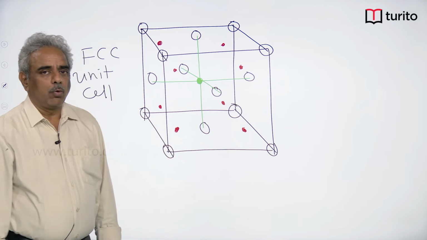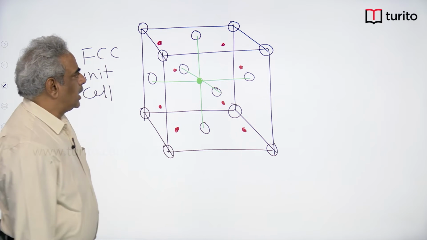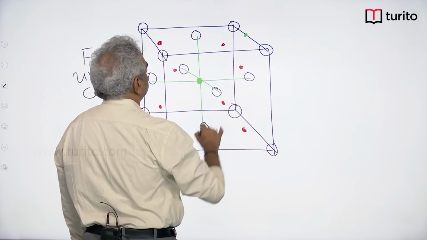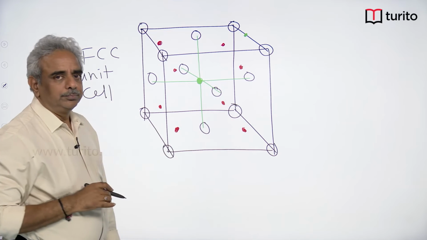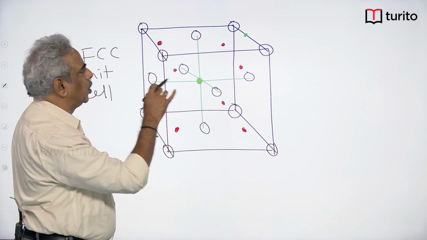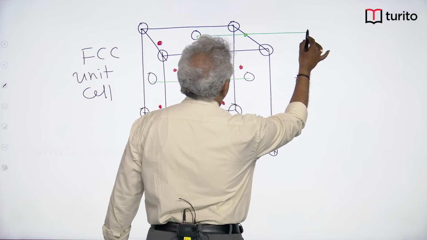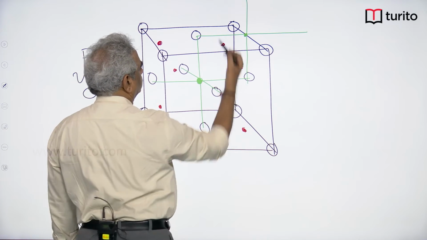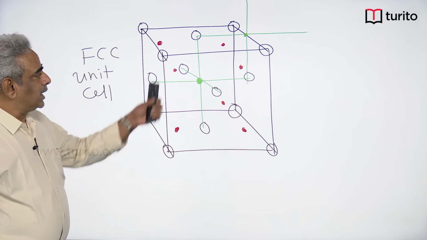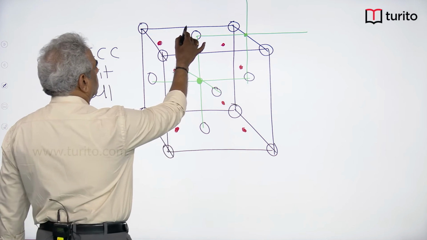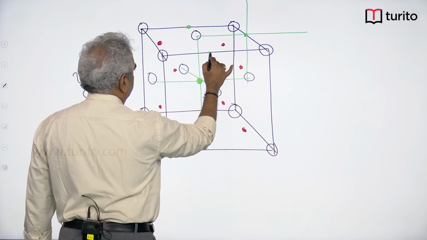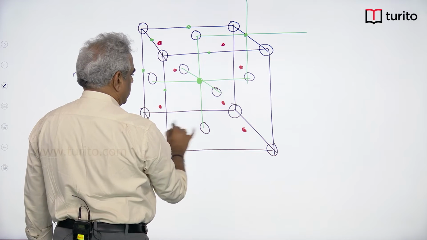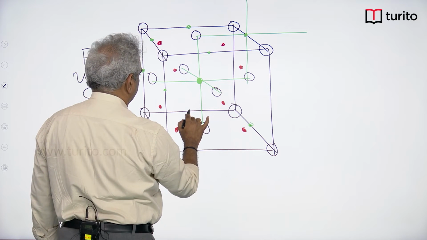So, that is an octahedral void, and on each edge you will find an octahedral void here. Why is this an octahedral void? Because you can connect like this. There is a sphere over here. So, like that everywhere you can find octahedral voids, back and front, left and right, every edge is an octahedral void.